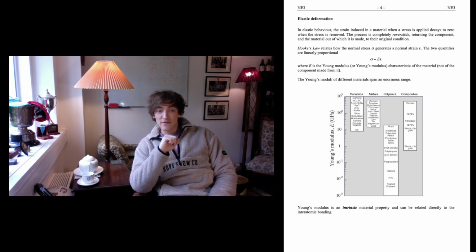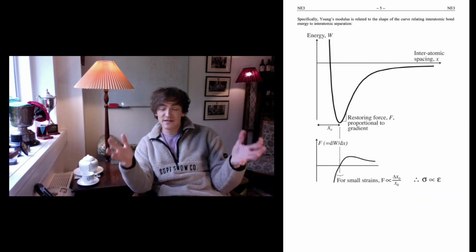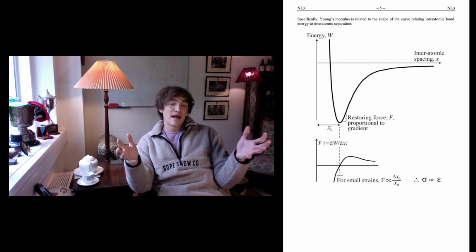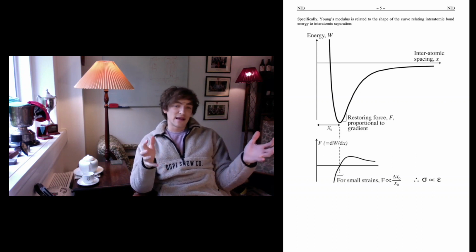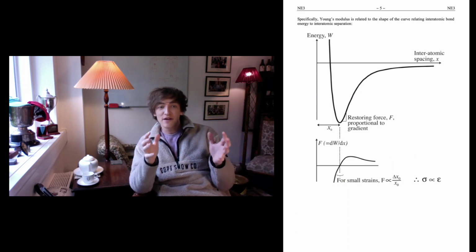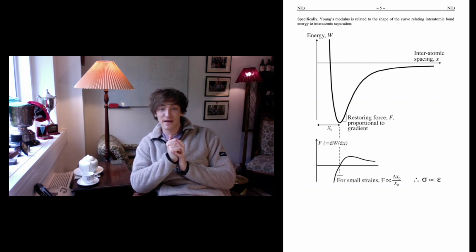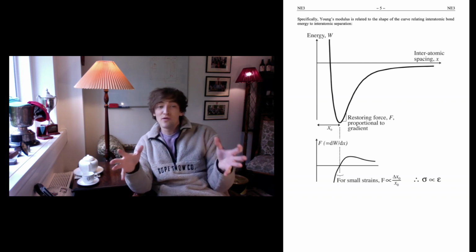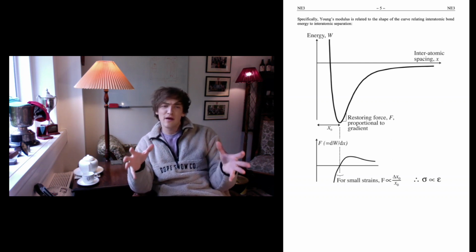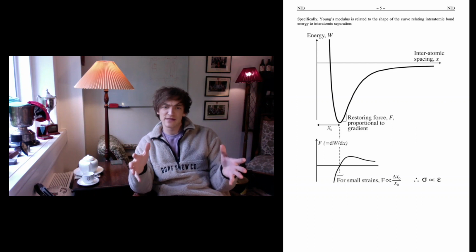And on page 5, you can see, well, what determines a material's Young's modulus? Well, it's a bit beyond the scope of the course, but it's related to the shape of the curve shown here for the interatomic bond energy versus the interatomic spacing. Because Hooke's law only applies over a limited range of deformation.